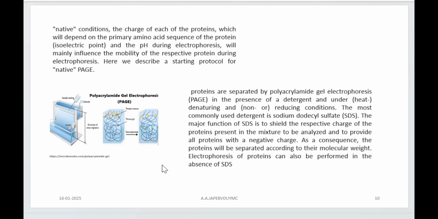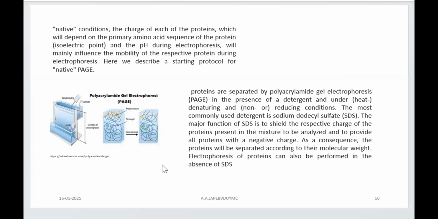With vertical slab gels, for a single run, say about 20 samples can be run together, but this is a technical part depending upon the dimensions of the gel that you have prepared and the electrophoresis assembly that you have.